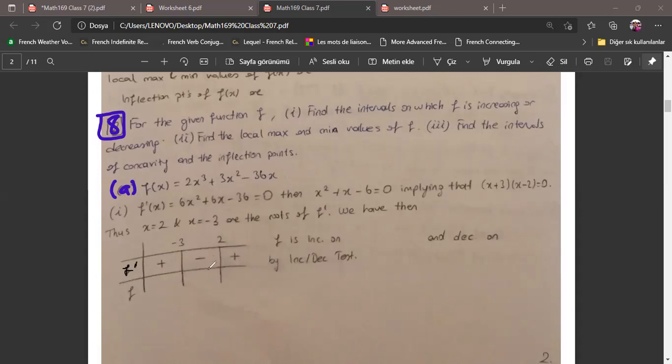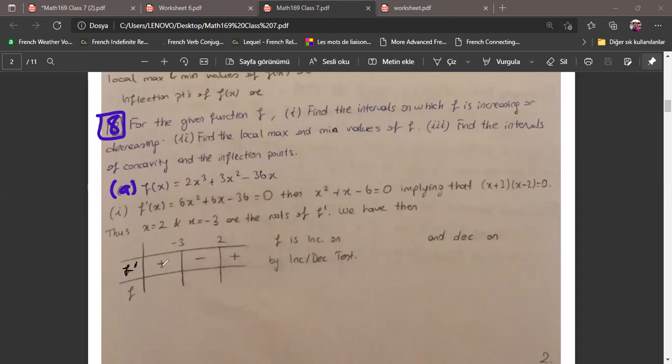So we have positive here, and you can change the sign if you have a root which is odd degree, so each of them is of degree 1, so we can change the sign here. Okay, and then again we change that. So at the end we have this table.